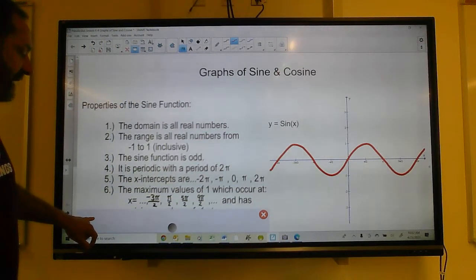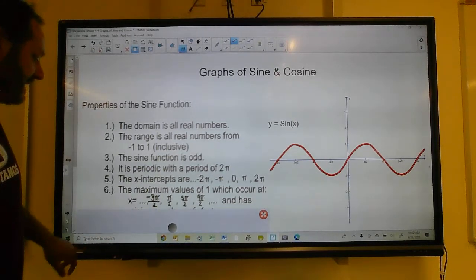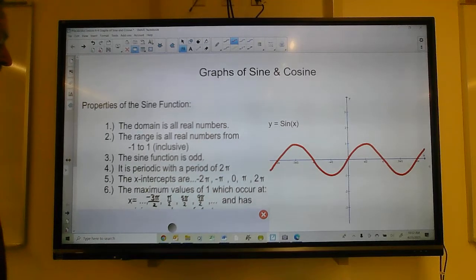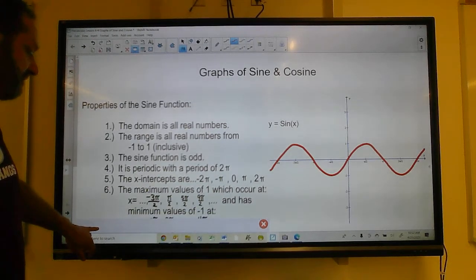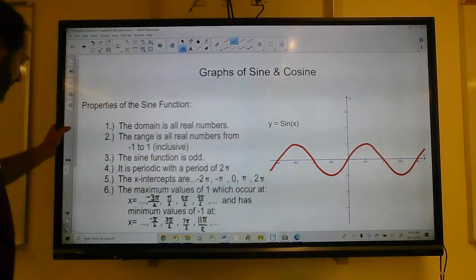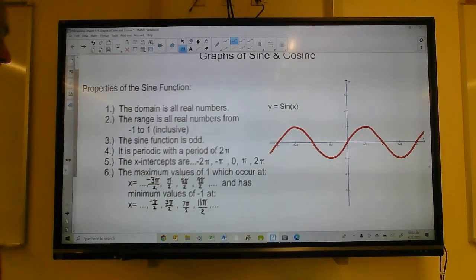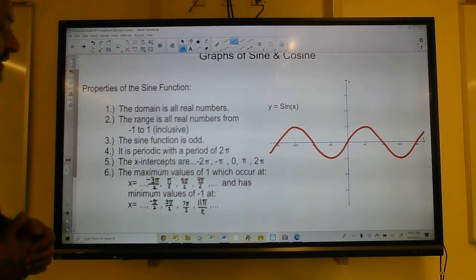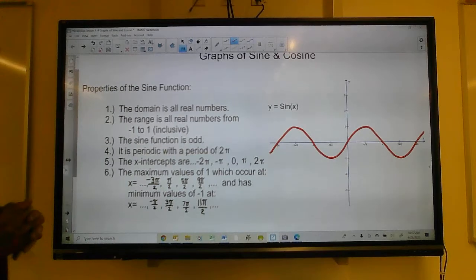The maximum values are 1, which occur at -3 pi over 2, pi over 2, 5 pi over 2, 9 pi over 2. And it has minimum values of -1 at -pi over 2, 3 pi over 2, 7 pi over 2, and 11 pi over 2. Okay. And so on. So there's your properties of sine functions.